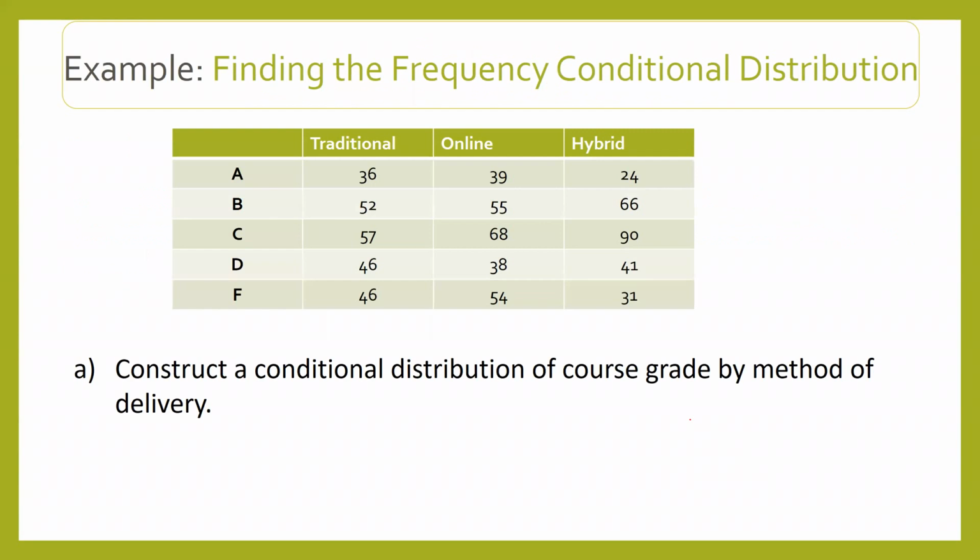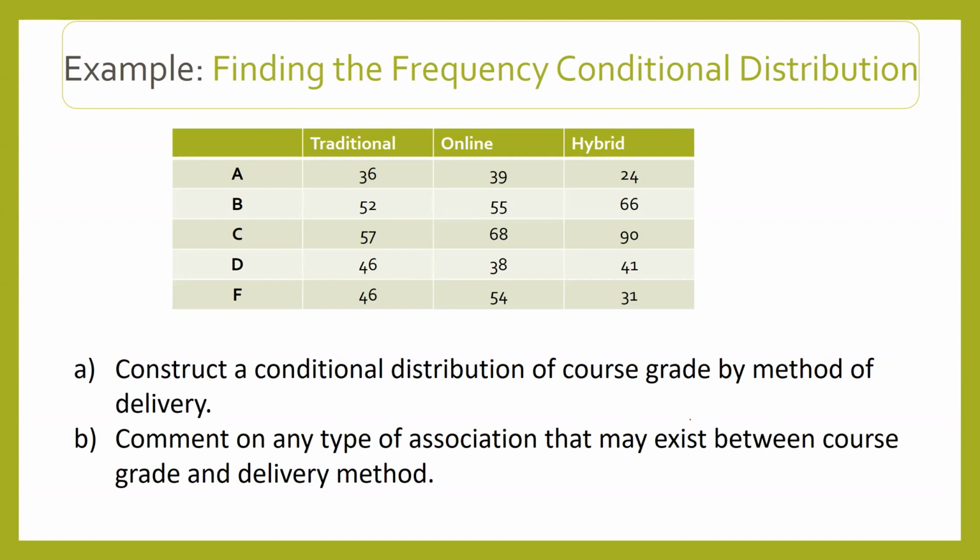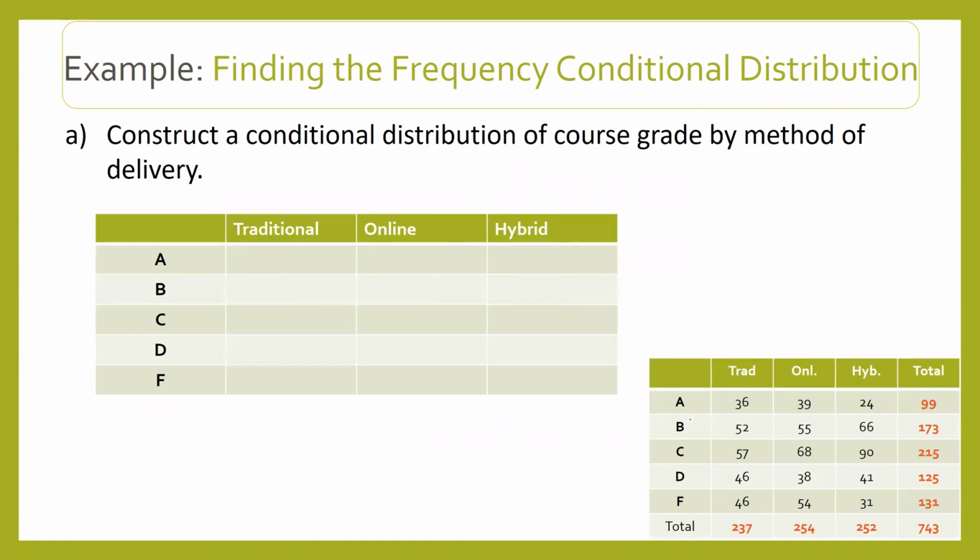All right, so for example, let's go back to the same example we've had. Construct a conditional distribution of cost grade by method of delivery. I'm going to come back to that later. Then comment on any type of association that may exist between cost grade and delivery method. Now, I just put the table here so that we have something we are referencing.